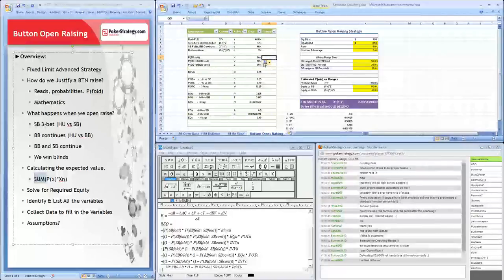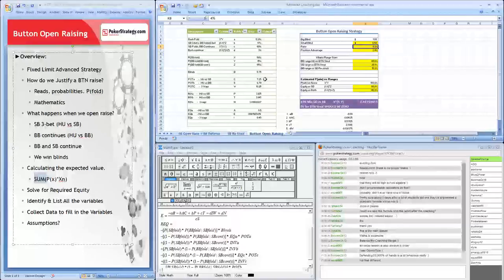So again, we're calculating all these figures so that we could just put in, let's say we've got a massive fish in the big blind and he's continuing like 85% of the time. You can see automatically that our equity is changing. This is a good sign. The more variables we get in here, the more useful this is going to be. For instance, right now, we don't even have the rake or position factored.